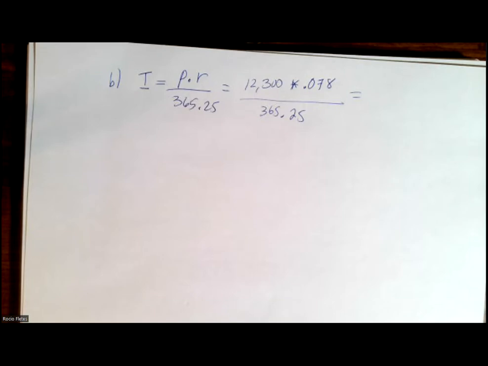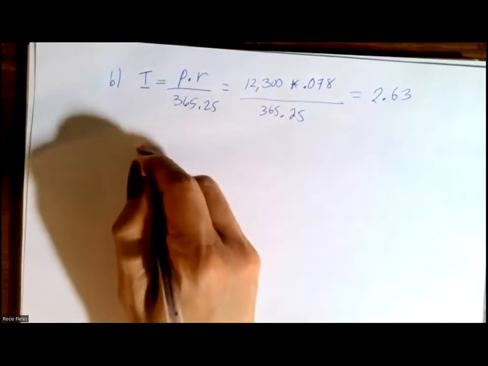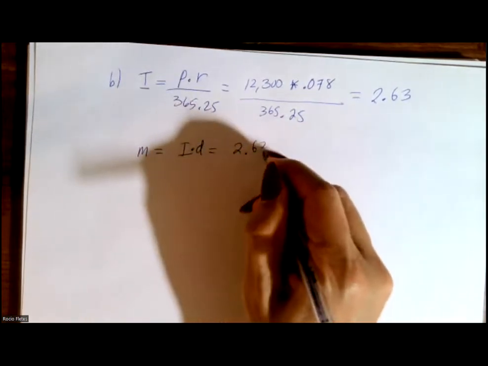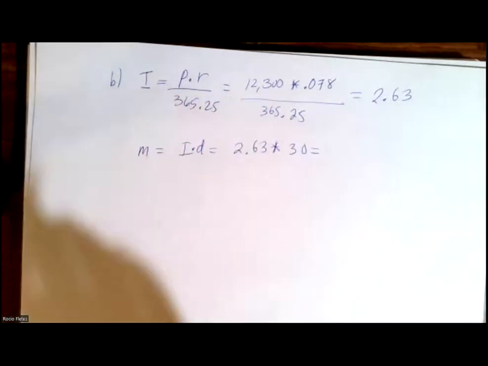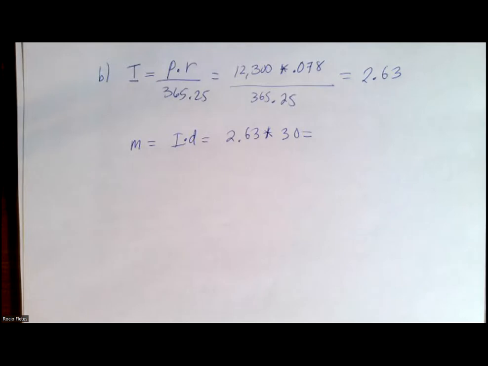And you get 2.63. And then to get the monthly interest, you're going to multiply times 30. So 2.63 times 30 gives us 78.9.